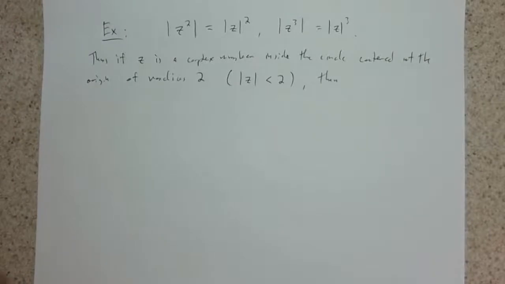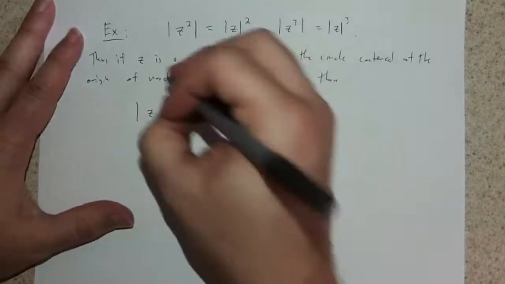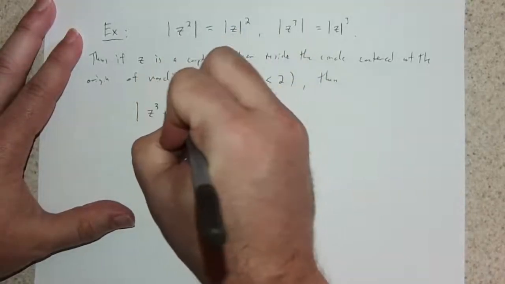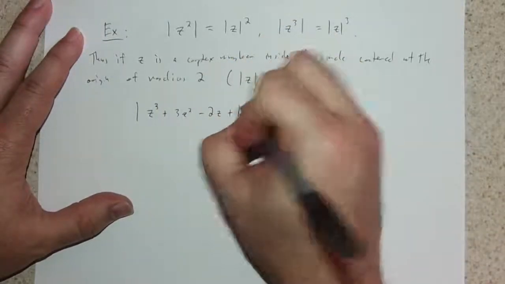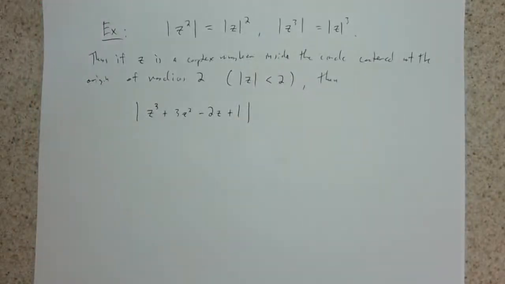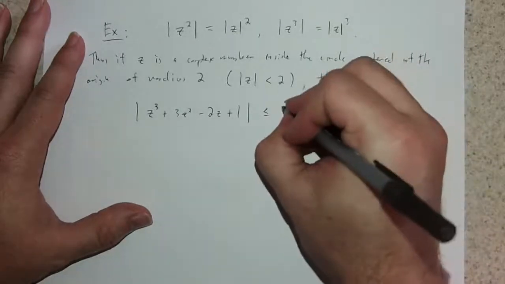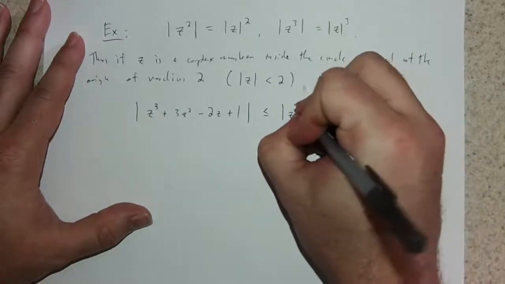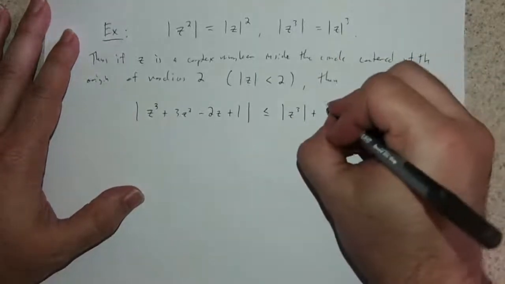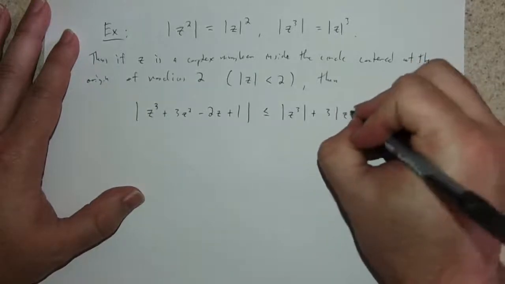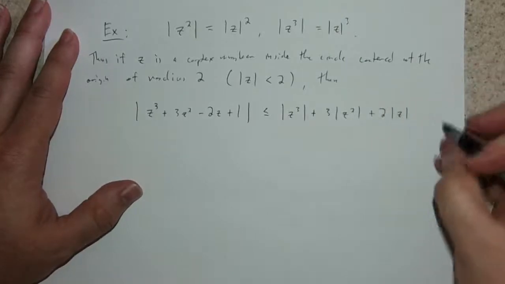All right, then, say I wanted to obtain a bound on a polynomial expression, z cubed plus 3z squared minus 2z plus 1. So I wanted to obtain a bound on that modulus. Using the generalized triangle inequality, this is less than or equal to the modulus of z cubed plus, I can actually pull the 3 out since it is positive, 3 times the modulus of z squared plus 2 times the modulus of z plus 1.